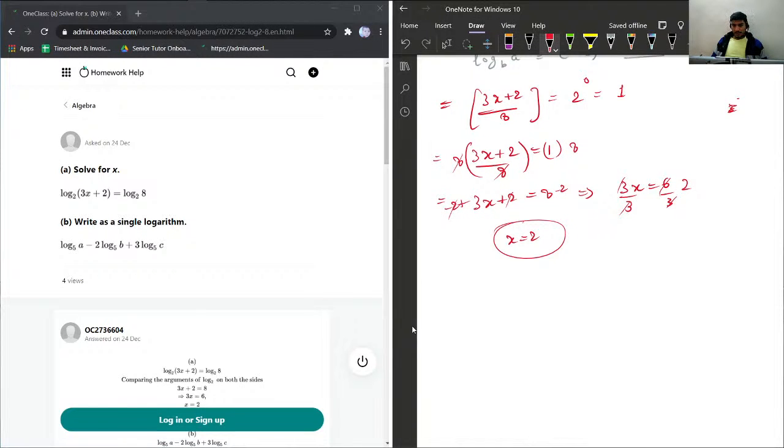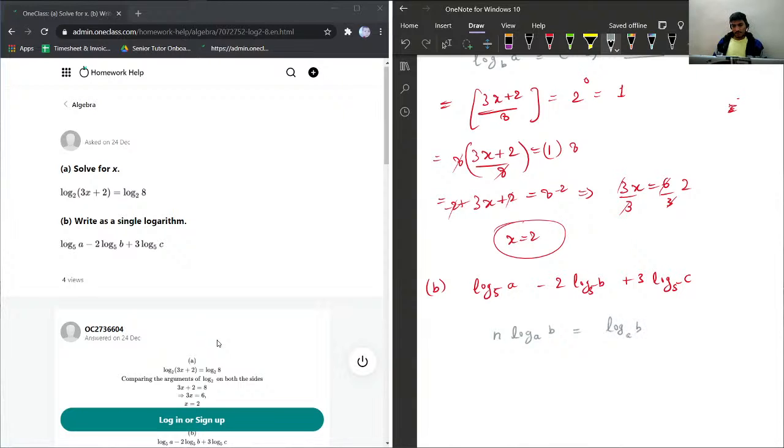Now for the b part. So for the a part, we get the answer as x equals 2. Now, a property of log says that n times log base a of b is log base a of b to the power n. So this n can be taken as the power of the term on which the log operator is applied.